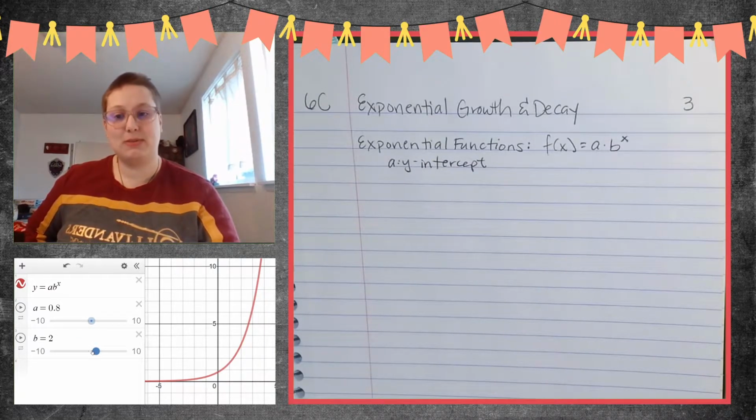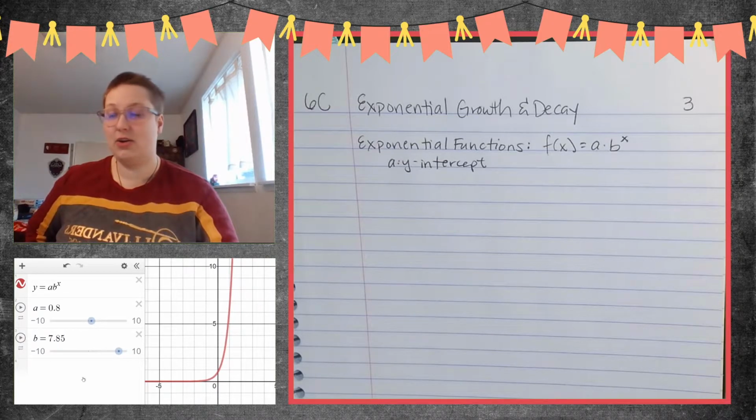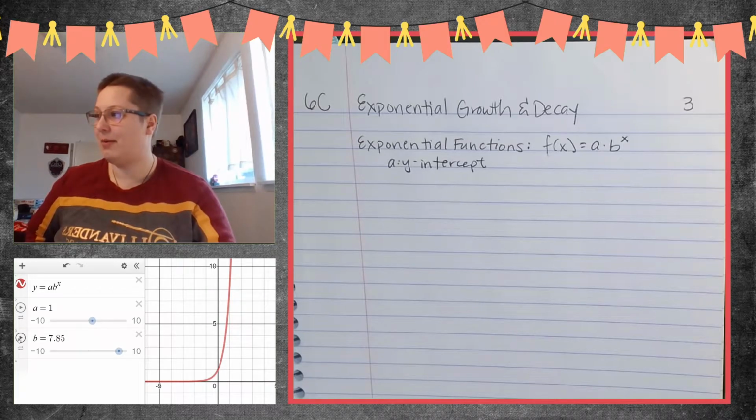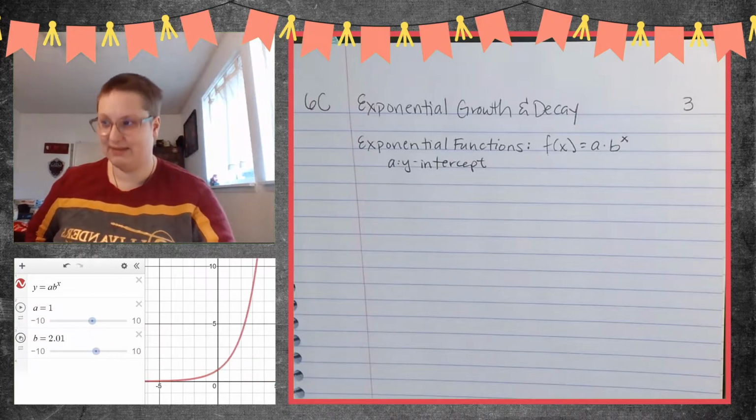Okay, great. Let me put a back to being 1 so I can show you what b does. So b, watch what happens when b changes. Notice that a is still at 1. So what's happening when b changes? I'm not ready for negatives yet. There we go.